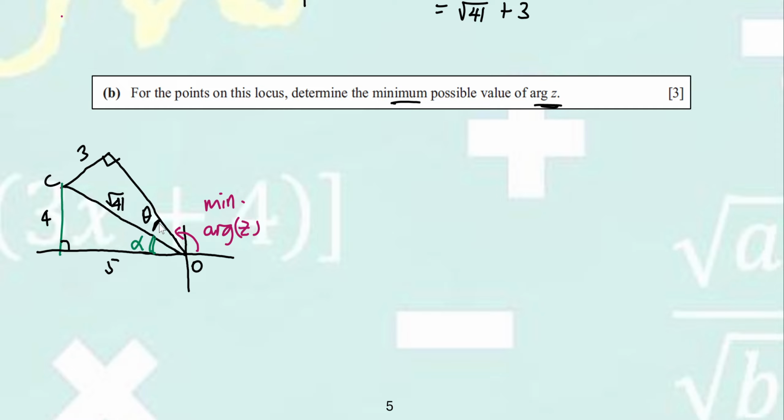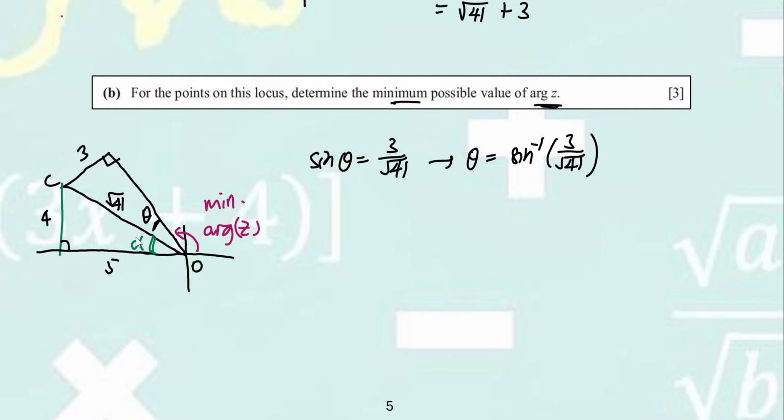Now when you refer to the theta, 3 is the opposite side, and square root 41 is the hypotenuse. So opposite and hypotenuse is basically sine. So I will write sine theta is 3 over square root 41. Then my theta is going to be arc sine 3 over square root 41.